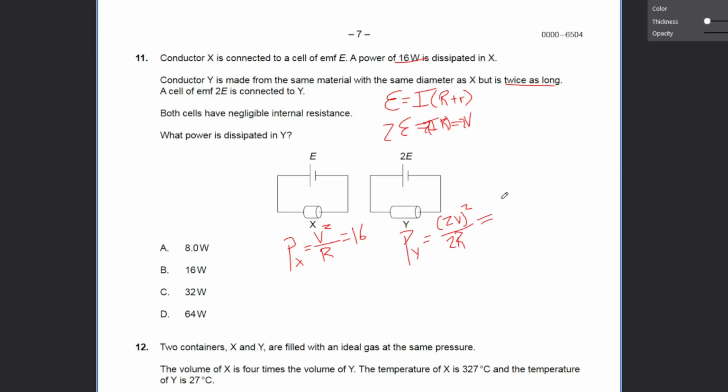And then that is equal to 4V squared over 2R. And we can simplify this. The 4 over 2 becomes 2. Then we have times V squared over R. And V squared over R is P of X. So this is equal to 2P of X. And P of X is 16. So we have 2 times 16, which is 32 watts. So the answer is C.